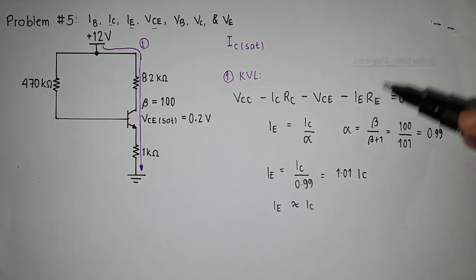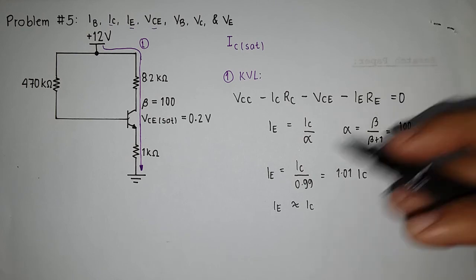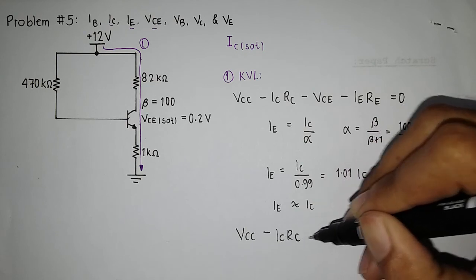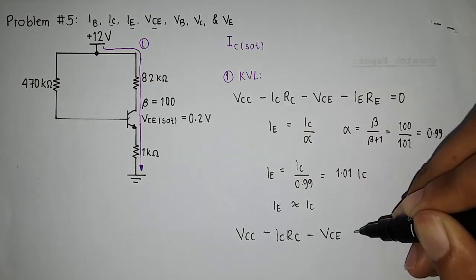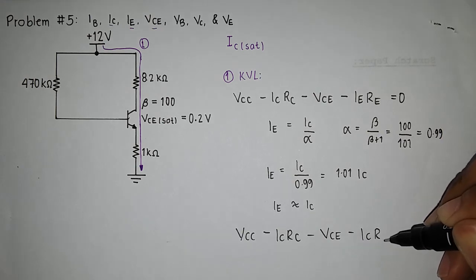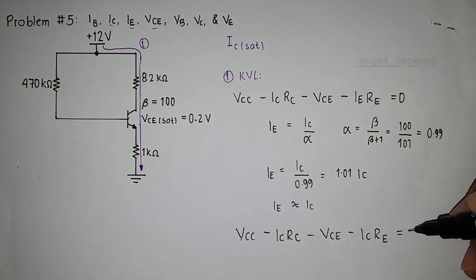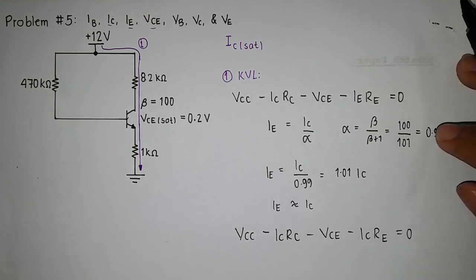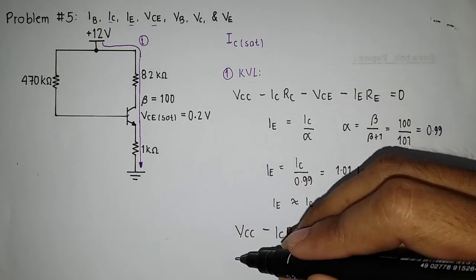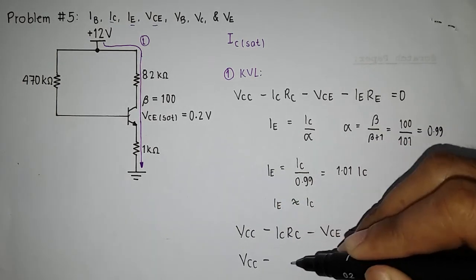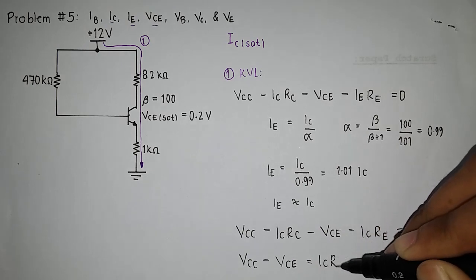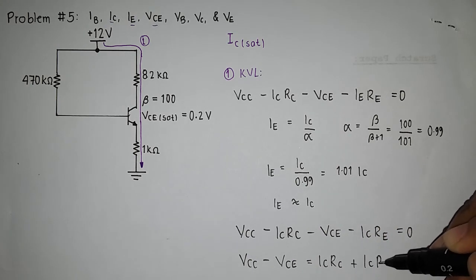So papalitan lang natin. So ang nangyayari, VCC minus ICRC minus VCE minus ICRE is equal to 0. So substitute natin and itatranspose natin yung both terms sa may IC. So mangyayari VCC minus VCE is equal to ICRC plus ICRE.